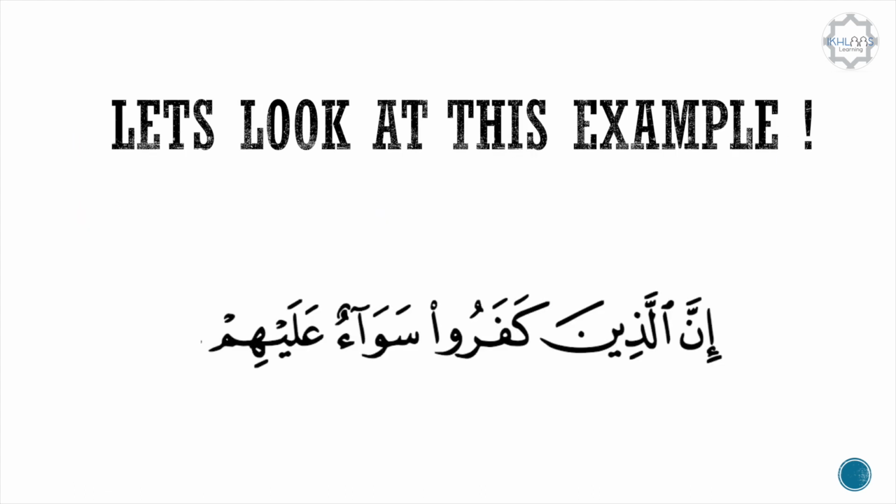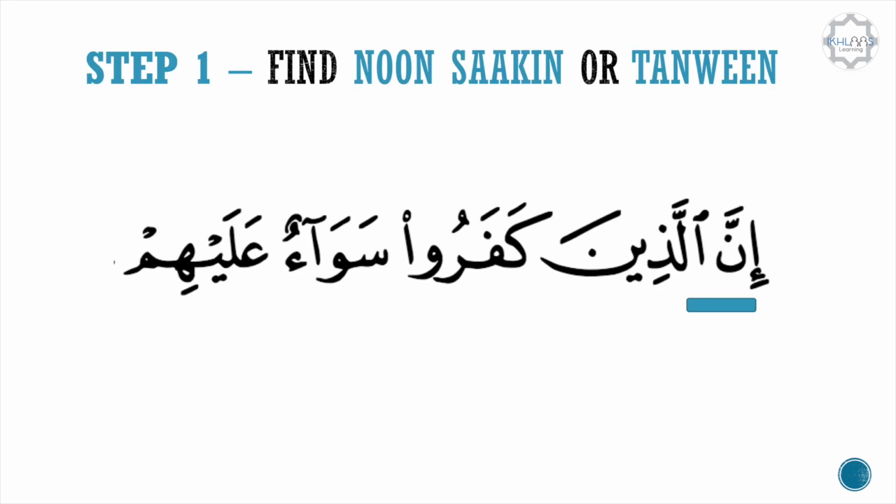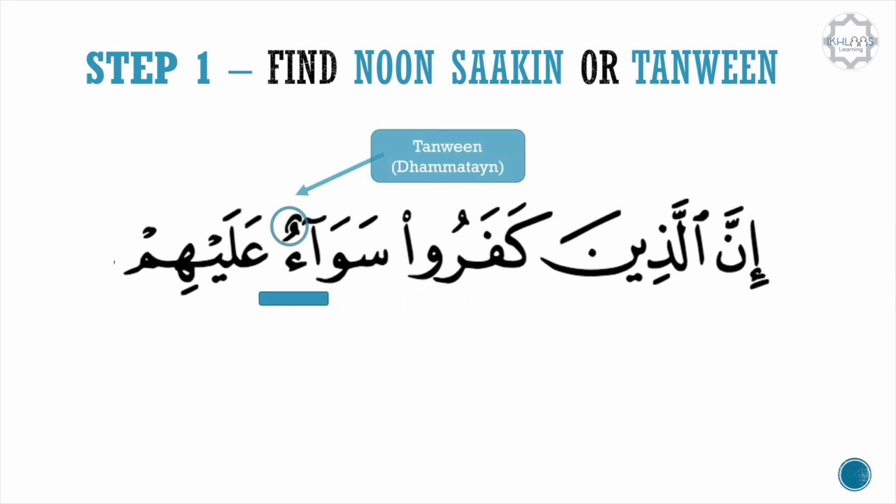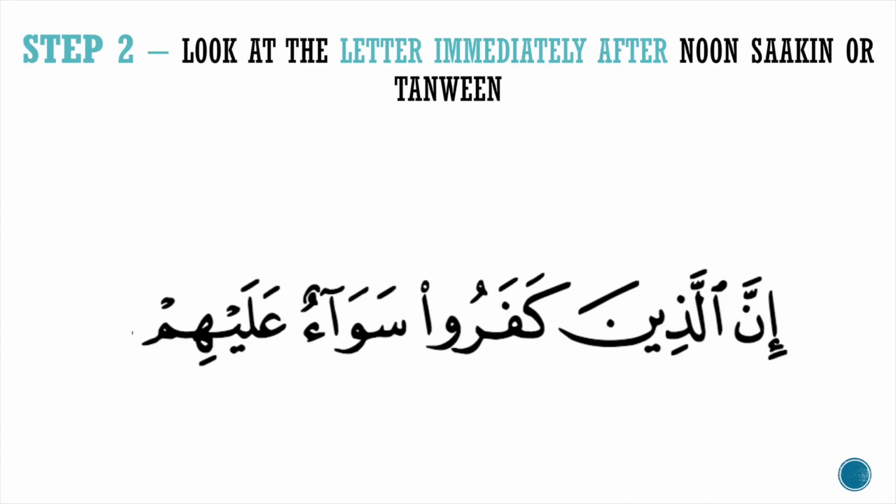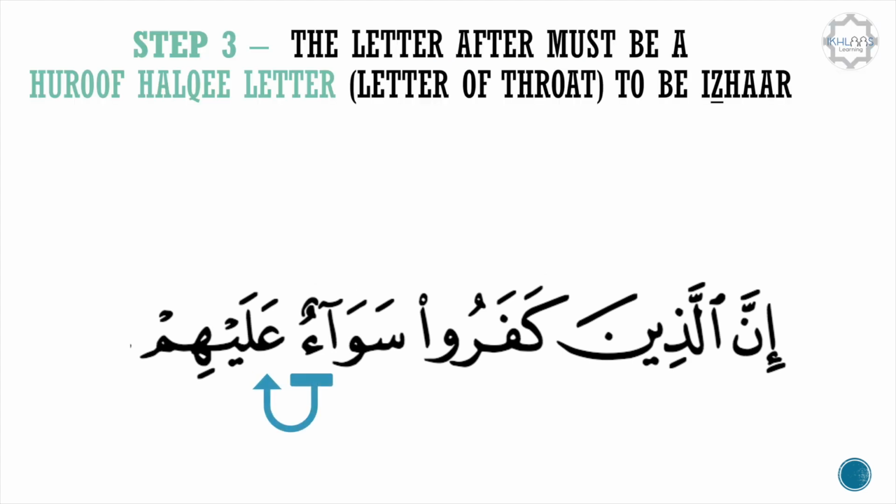Let's look at this example. Step 1. Find the Noon Saakin or Tanween. So if we go along, we can see the Hamza has the Tanween, Dammatain symbol. Step 2. Look at the letter immediately after the Noon Saakin or Tanween. So we can see here that after the Tanween we have the letter Ain.